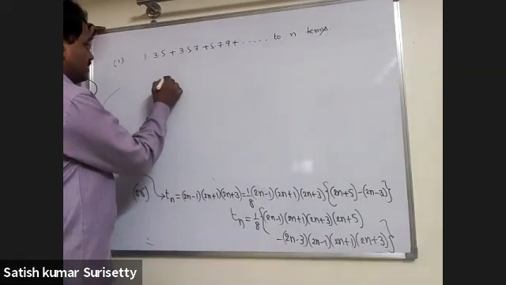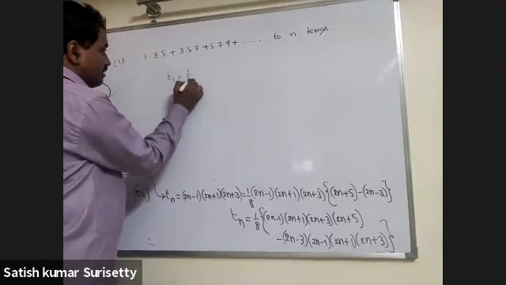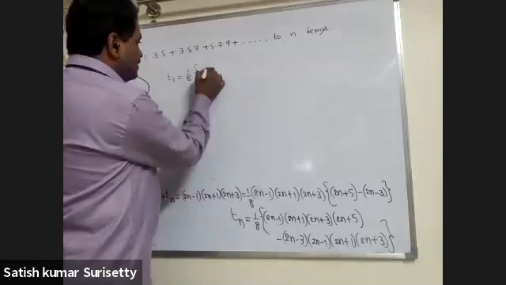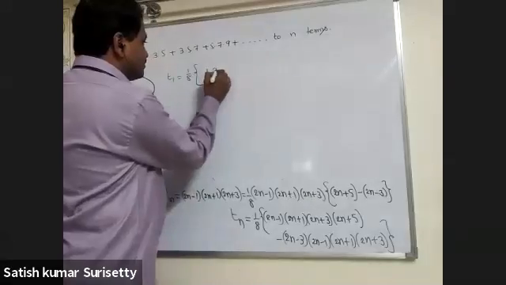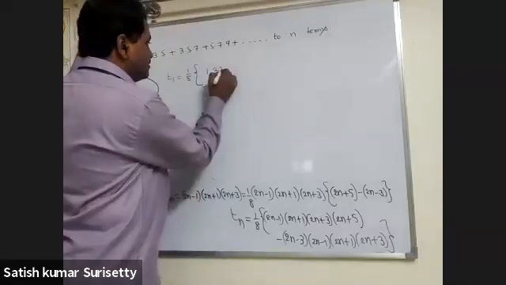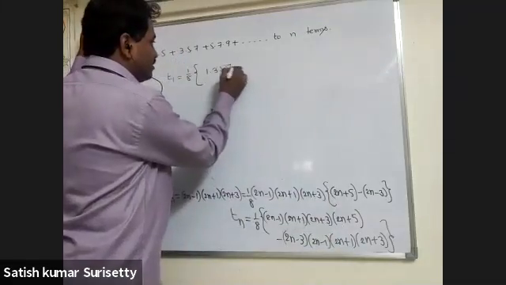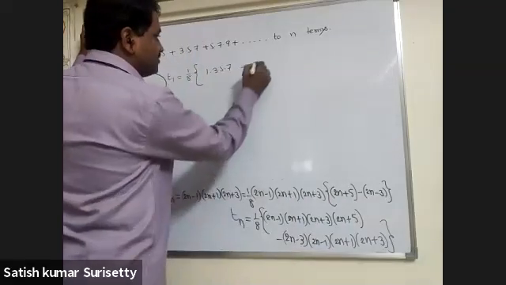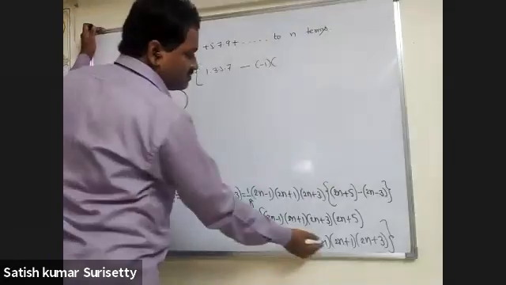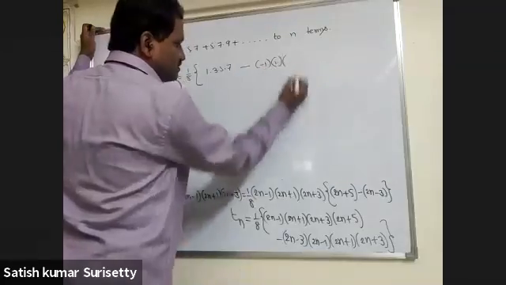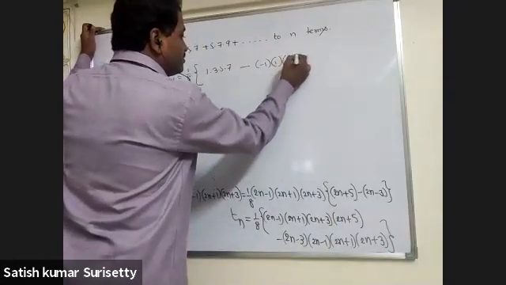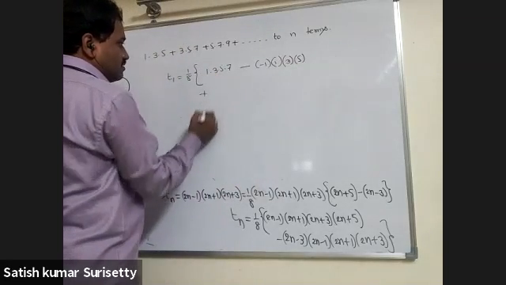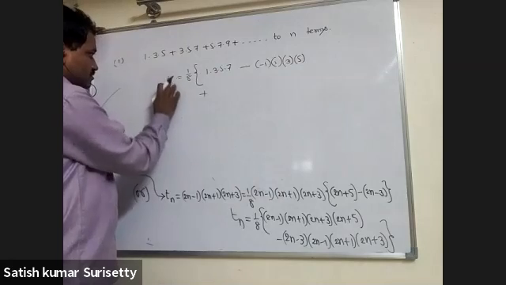When n equal to 1, T1, 1 by 8. When n equal to 1, this will be 1, 3, 5, 7 minus, when n equal to 1, minus 1, 1, 3, 5. Next, for n equal to 2.